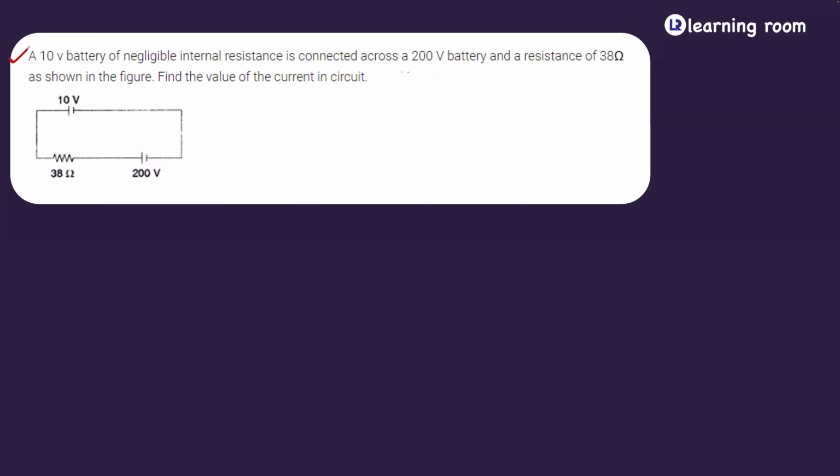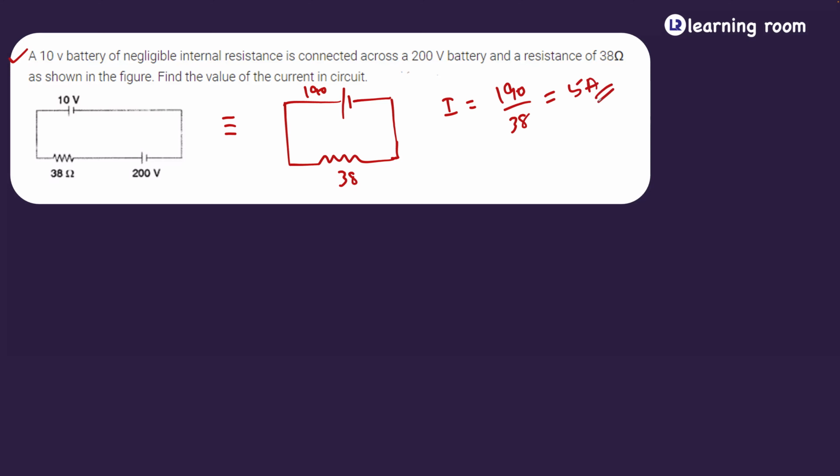So what is going to be the equivalent EMF here? 190. And the resistance here will be 38. So what is the value of I? I is equal to V by R. 190 by 38 is going to be 5 ampere. That's it. It's a simple problem, right?